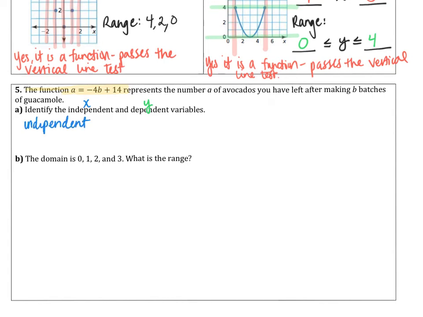Any guesses? It's going to be your B. So your independent variable in this case is just x in disguise. It's x in context, and this time it's B, the batches of guacamole.